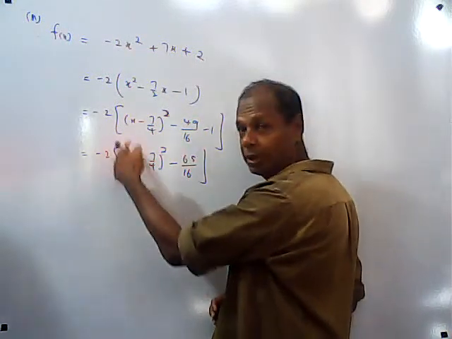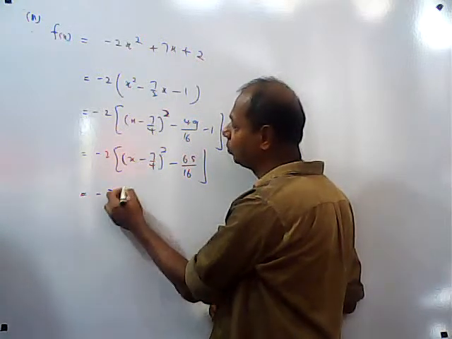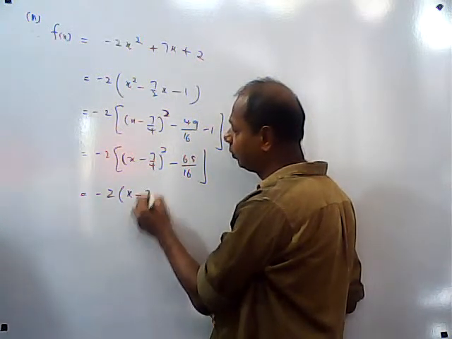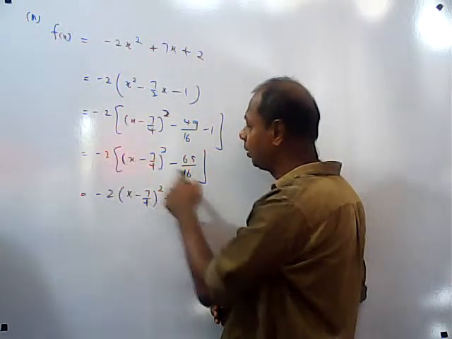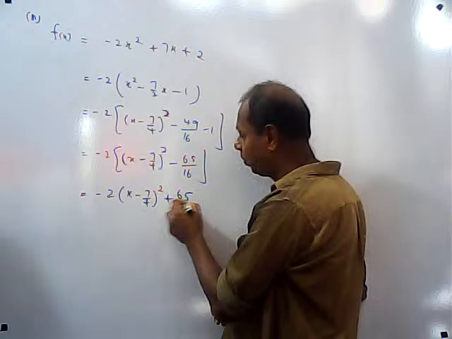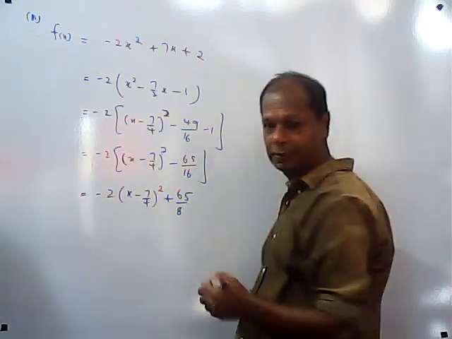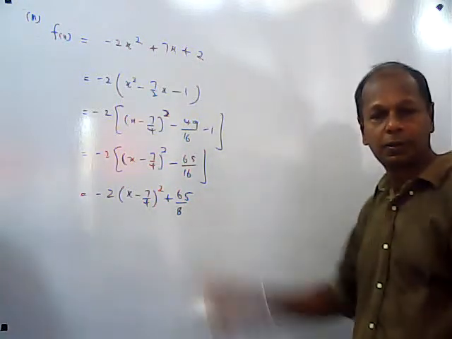Then finally you can expand the outer bracket, that will give minus 2 times (x minus 7 over 4) squared, and when you multiply by minus 2, that will give plus 65 over 8. You should come to this.